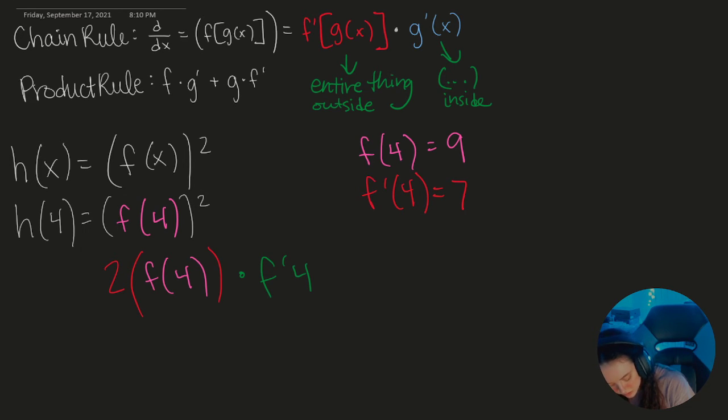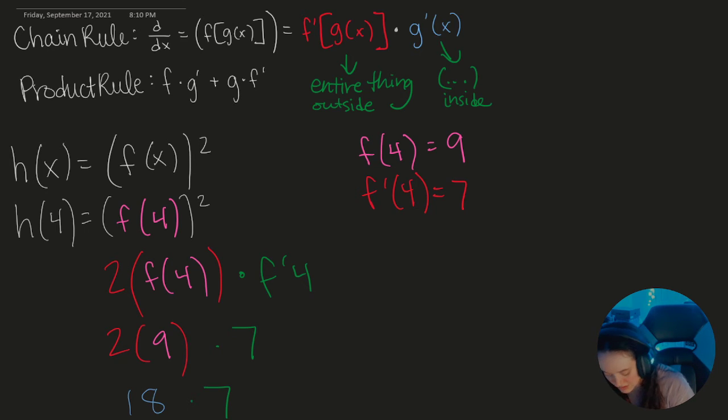And then we could input that in. So it'd be 2 times 9 times 7. Which would then give us 2 times 9 is 18 times 7.